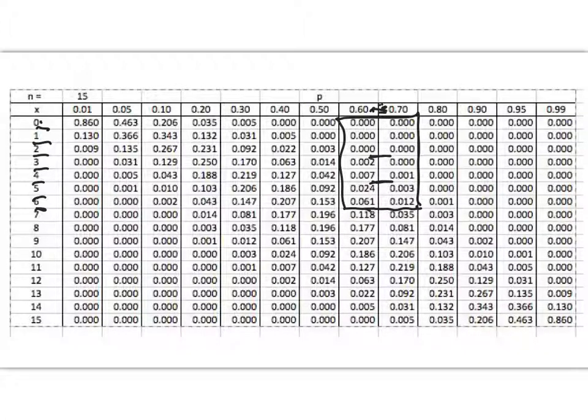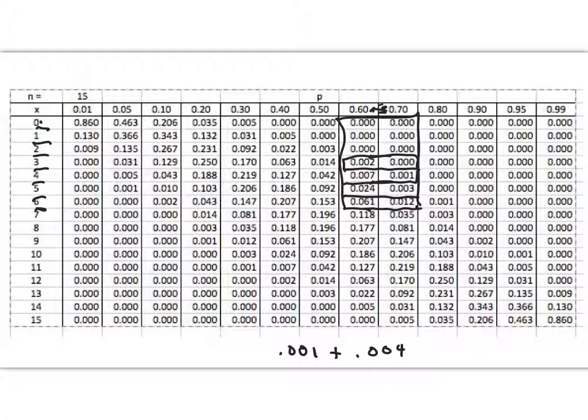So I need the average of 0.024 and 0.003 and 0.061 and 0.012. Oh, what the heck, I'm going to just average them all. So the average of these two is 0.001. The average of these two is 0.004.